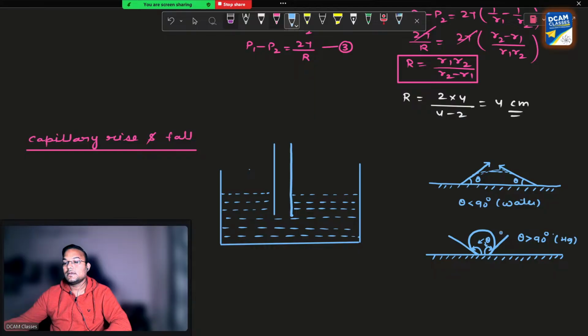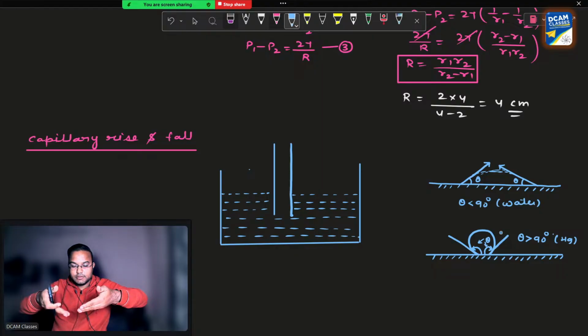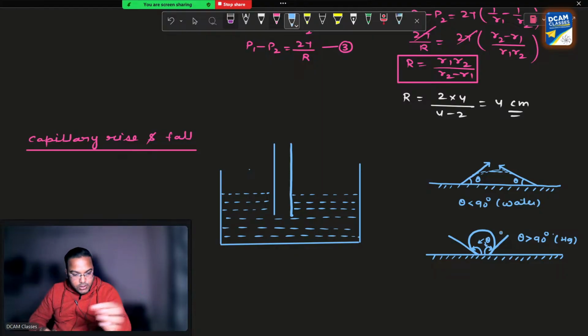That's why, because its angle of contact with the surface is greater than 90 degree, it tends to go like this. Means it tries to form the bubble. So it may divide into very small pieces, but every piece tries to maintain the spherical shape.